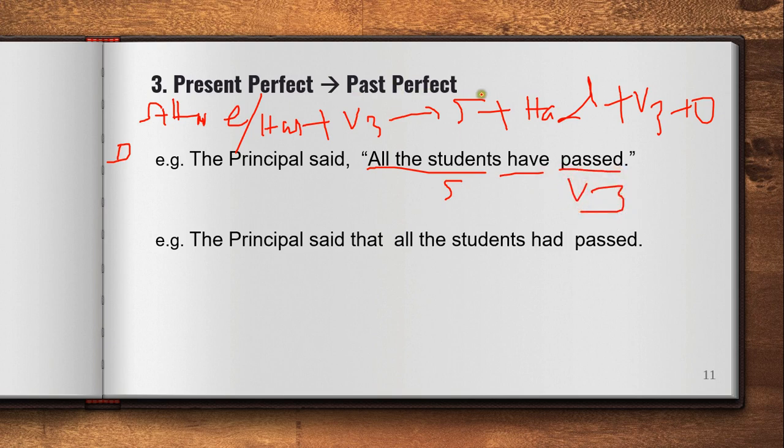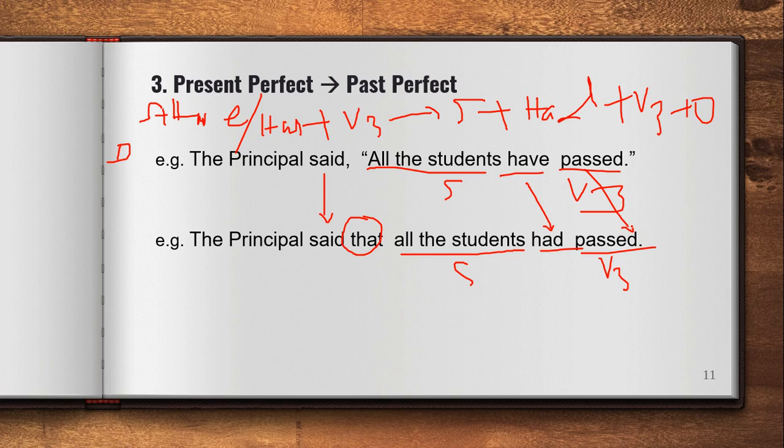Change into the past perfect: The principal said, there is no "that" in the direct speech, but in here you have to put that, all the students, subject, had, verb 3. You know the difference, right? They are changing. Okay, that's number 3.